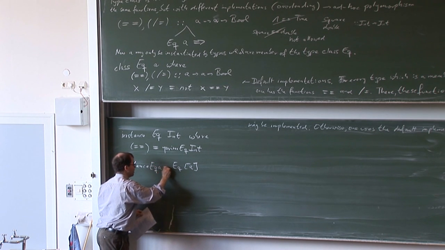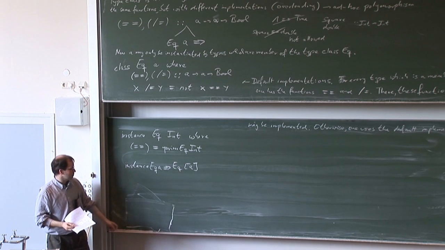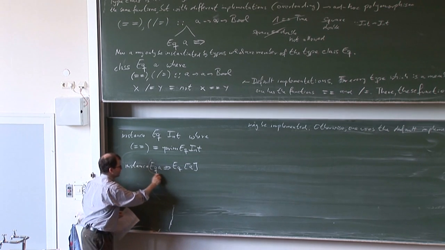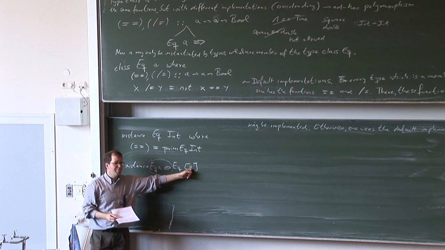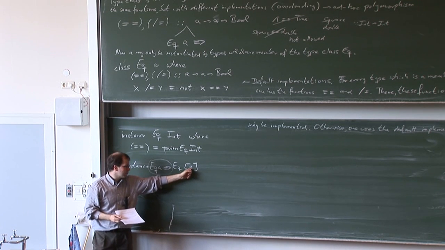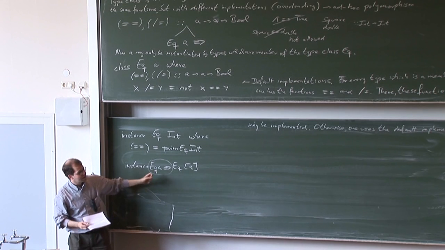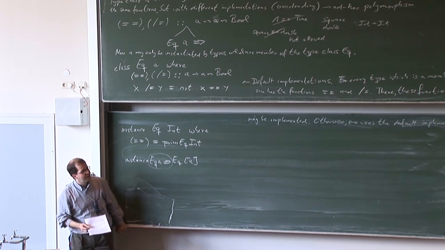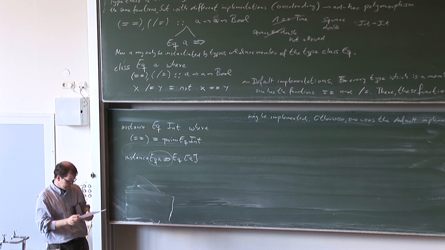So if A is a member of EQ, then lists of A should also be a member of EQ. And this, again, is a context. So this context restricts the type variables that we may use here. So for this A, we may only substitute types which are member of the type class EQ. This is the reason why contexts may be added to type class declarations.